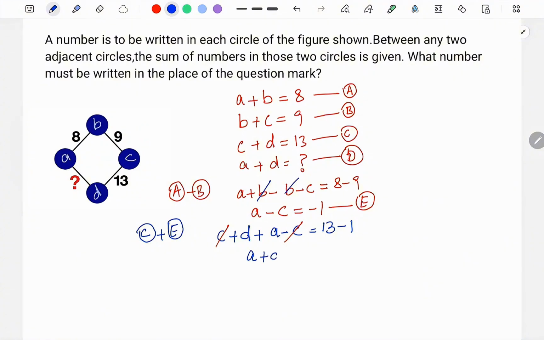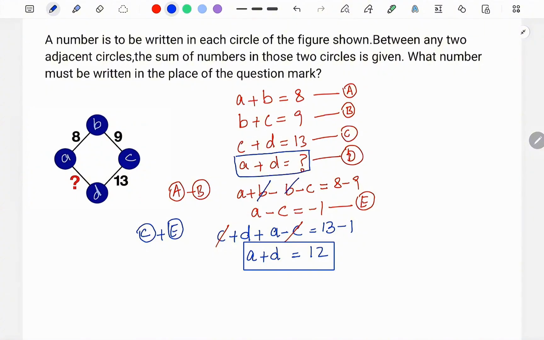I can write it as a plus d in arranged form, and it is equal to 12. It is the sum of a and d, which is 12, and we were searching for the sum of a plus d in this problem. So it is equal to 12.